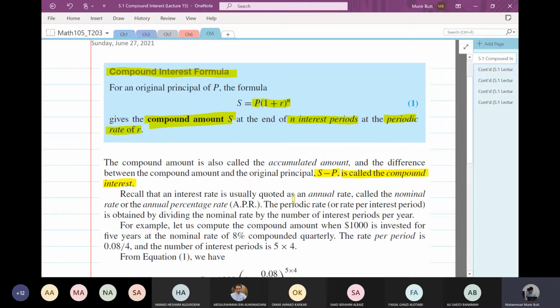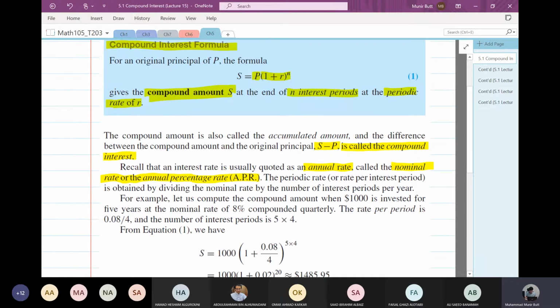And you also know that a nominal rate or annual percentage rate is called the annual rate, because the rate can be quarterly, semi-annual, or annual. But what will be the rate after 1 year?